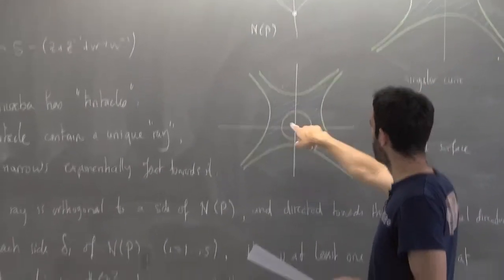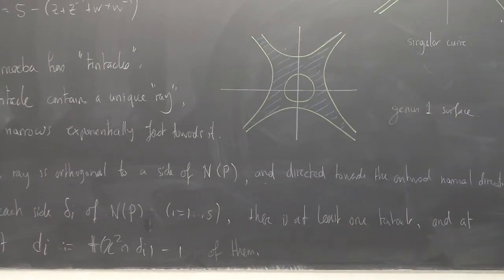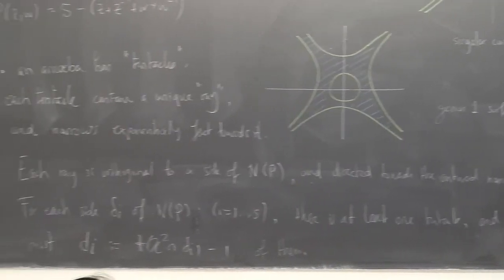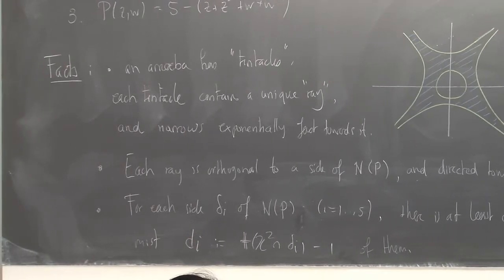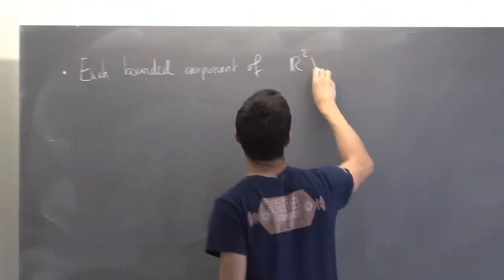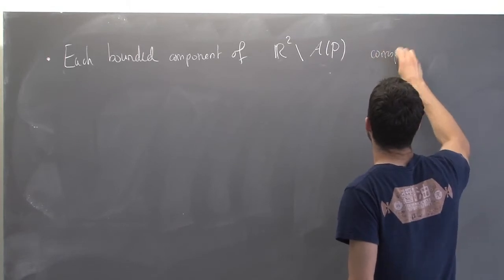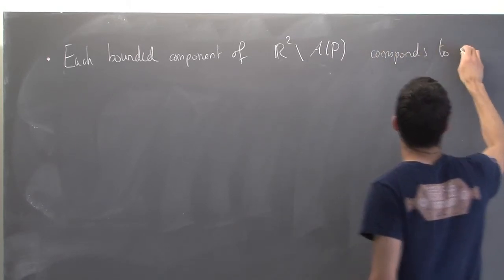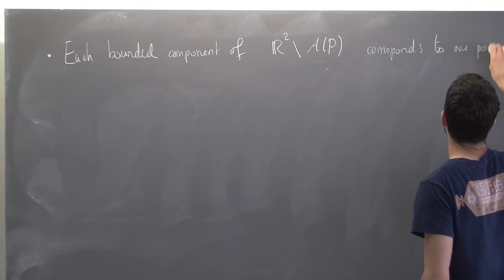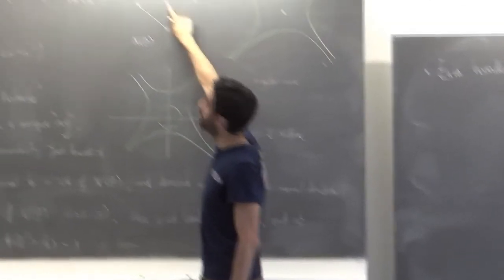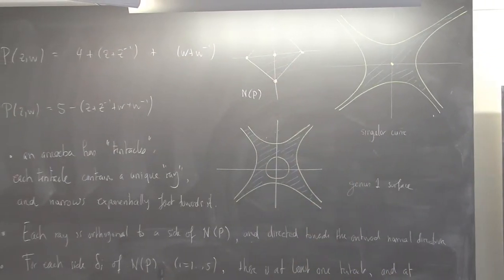And what about these bounded components here? Each bounded component of the complement corresponds to one point in the interior of the Newton polygon, so an integral point.